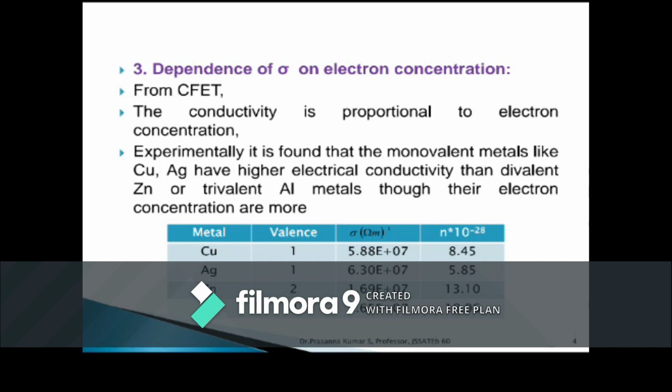So monovalent conductors exhibit large conductivity compared to trivalent and divalent. This is another failure of the classical free electron theory. It is not proportional to n. Therefore, classical theory once again fails in explaining the dependence of conductivity on electron concentration.